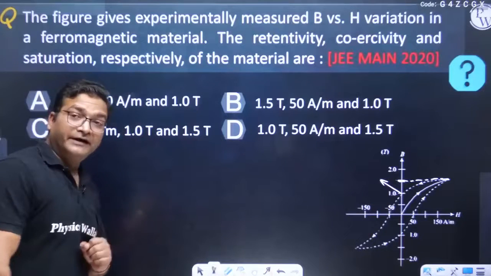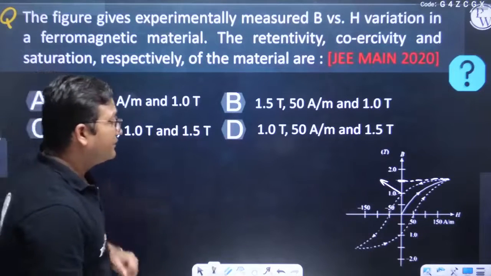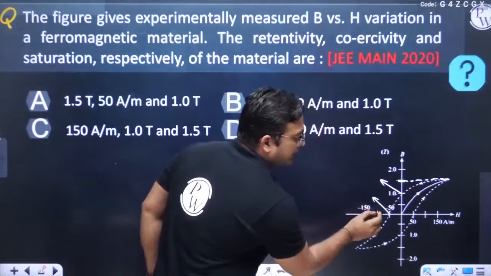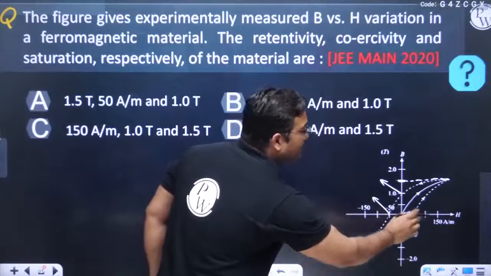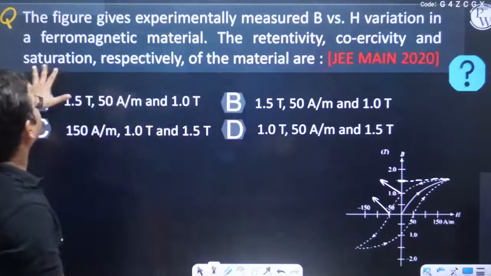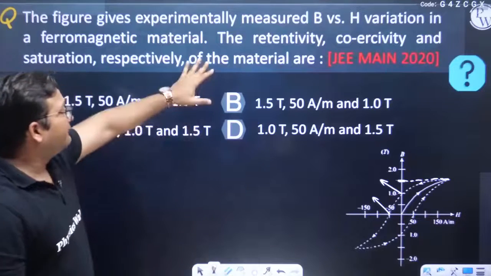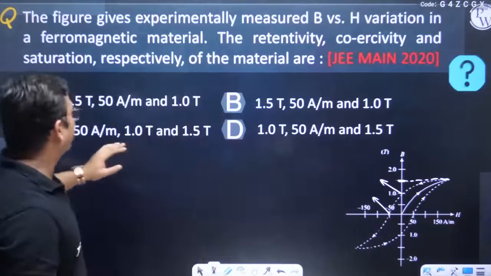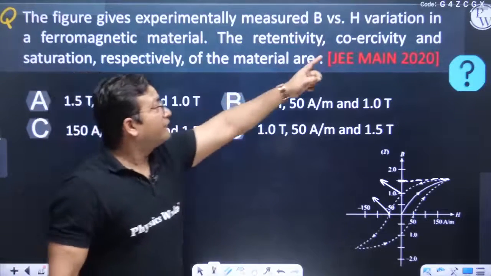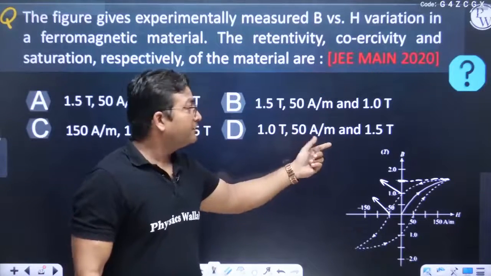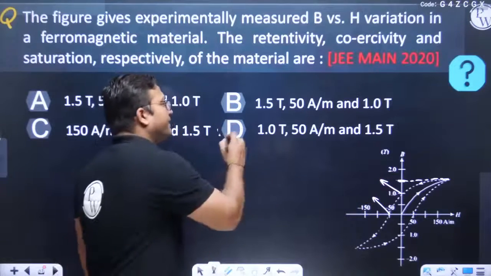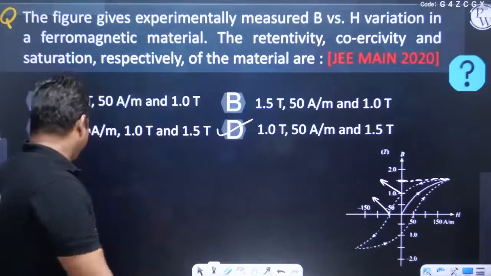And coercivity is actually minus 50, or in magnitude 50 ampere per meter. So retentivity is 1 Tesla, coercivity is 50 ampere per meter, and saturation magnetic field is 1.5 Tesla. We have 1 Tesla in option D, so D is the perfect choice.